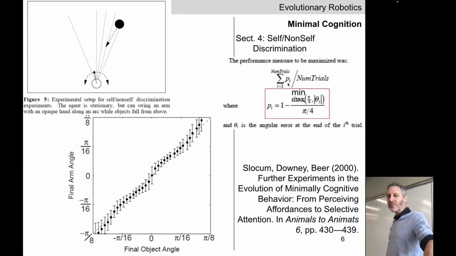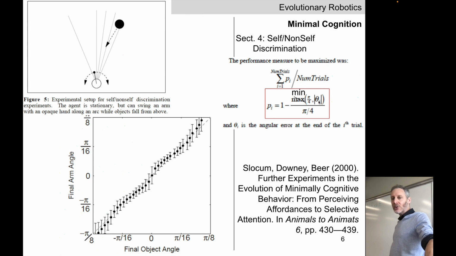Fitness function, like before, we're going to drop for a single CTRN a whole bunch of objects, num trials times. We're going to see how well, on average, the robot does on quote-unquote catching the object. Its hand has the same position as the object when the object gets to the robot.